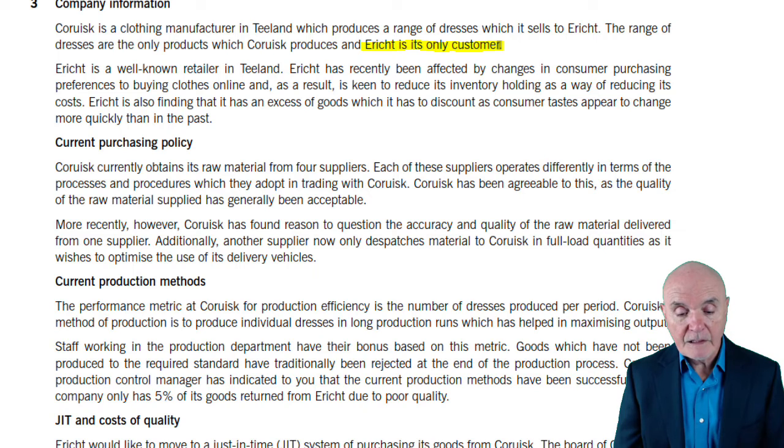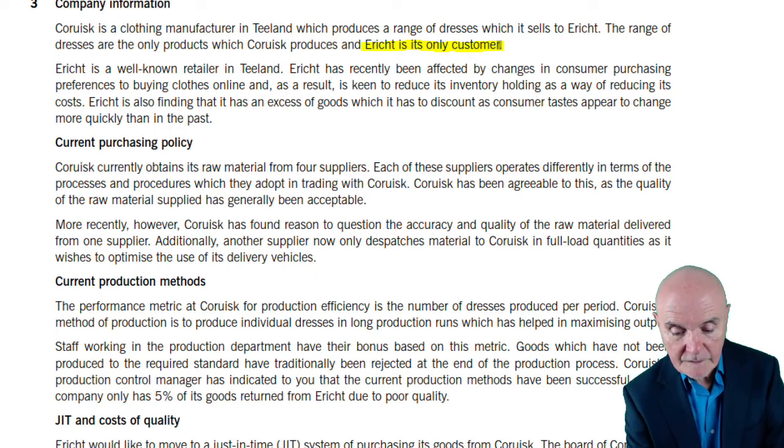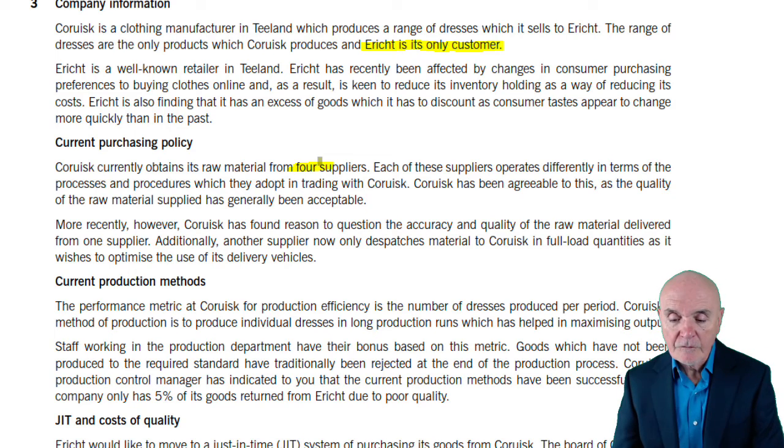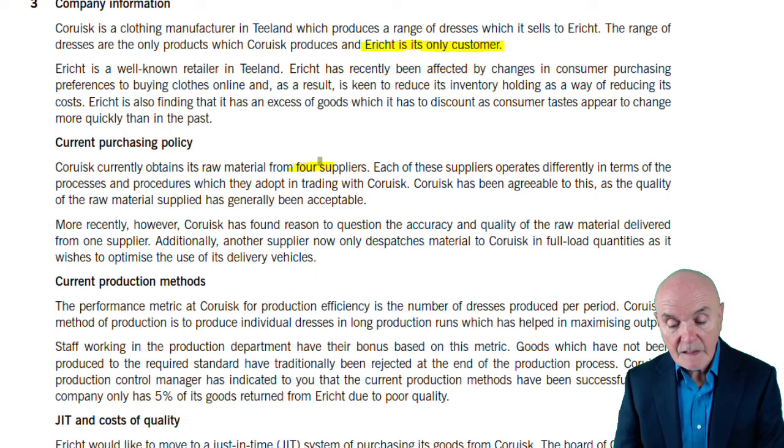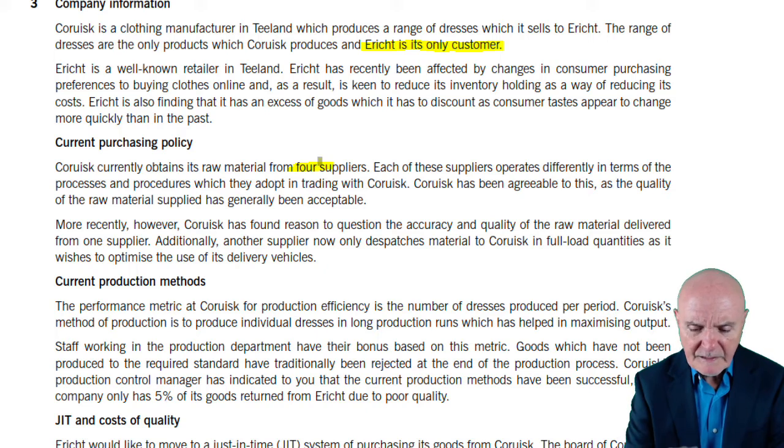CORUSC currently obtains its raw materials from 4 suppliers. Each of these suppliers operates differently in terms of processes and procedures, which they adopt. CORUSC has been happy with that, although it's obviously going to... why are we being told that?